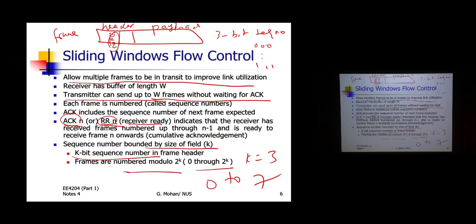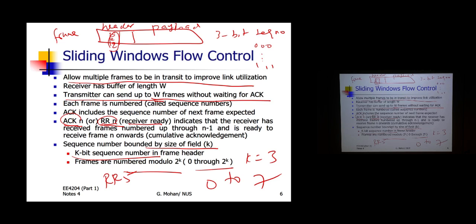If you say RR5, that means the receiver is ready to receive frame number 5, which implicitly acknowledges that frames 4, 3, 2, 1 of the previous frames were received.